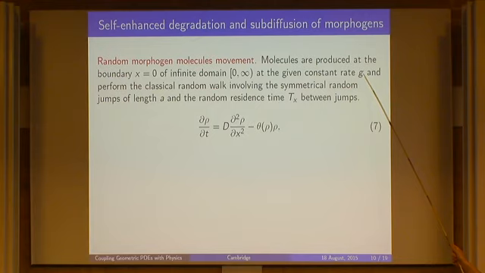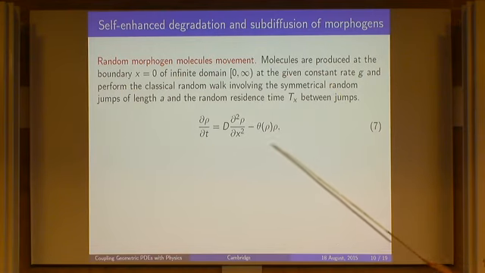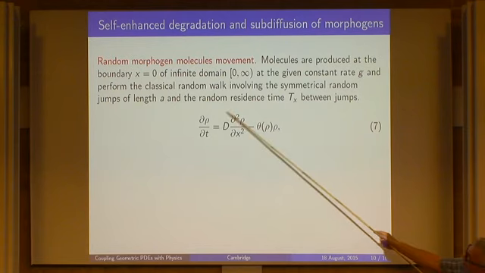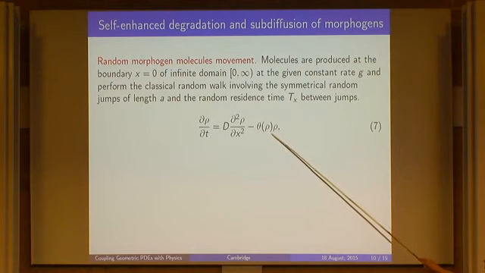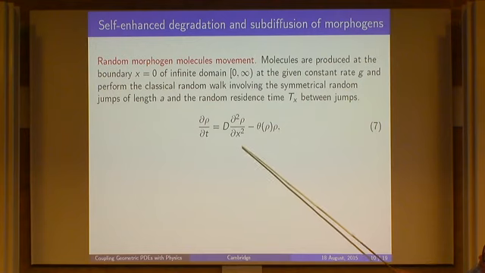Then particles perform a classical random walk, you consider the limit, you will end up with this equation. So it's the standard diffusion equation, and then you just put a minus degradation term. And of course, this equation has a very nice stationary solution.